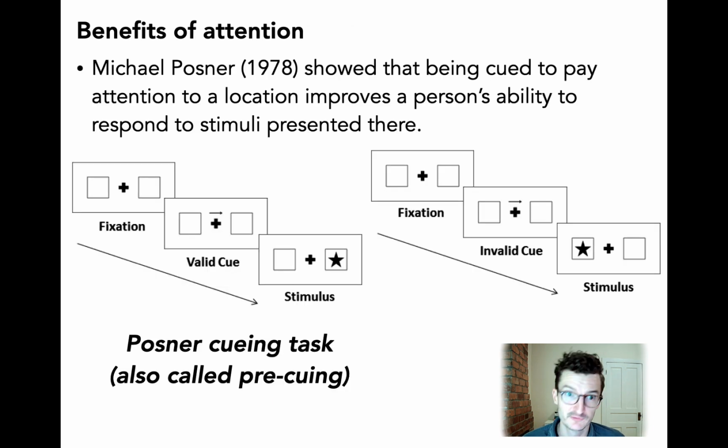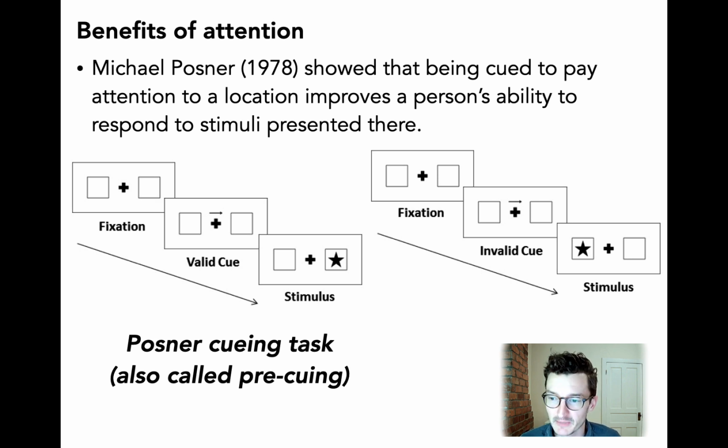So what does attention do for us? What's the benefit of attending to our world? This may seem like a kind of silly question, because as we saw with the dichotic listening studies, right, when you're not attending to things, you don't fully perceive them. So we have some sense that attention facilitates perception.